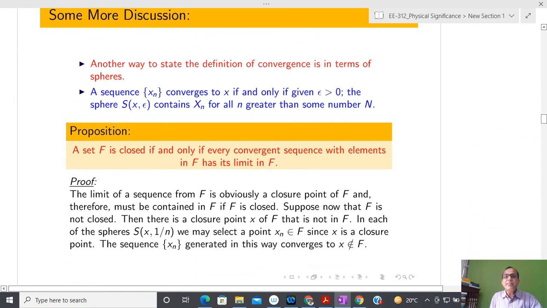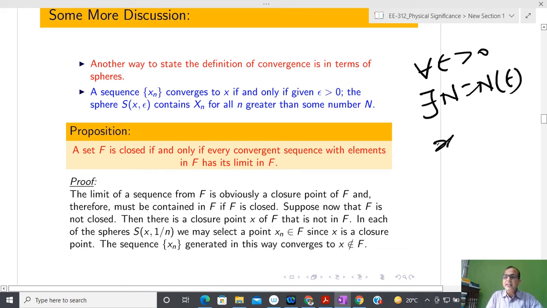Now the same thing in another way: we can also talk in terms of the sphere, in the epsilon and n concept. For every epsilon greater than 0, there exists n, where n is a function of epsilon, such that the norm of x_i minus x0 is less than epsilon.